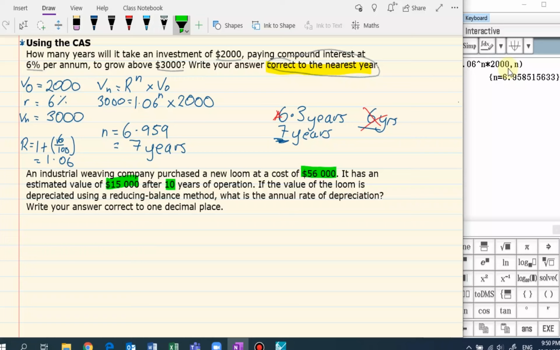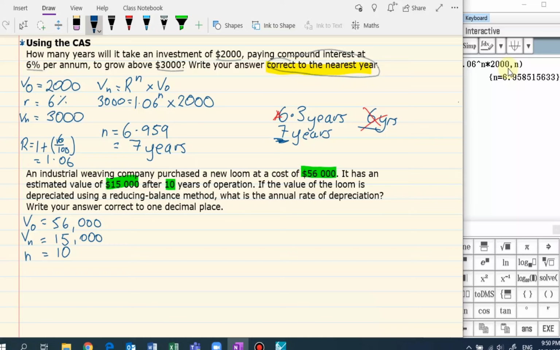So this has a little bit more in it. We know that V0 is $56,000. We know that Vn is $15,000, and that figure was when n had the value of 10 years.